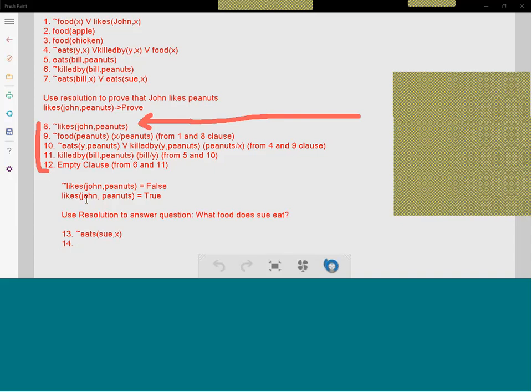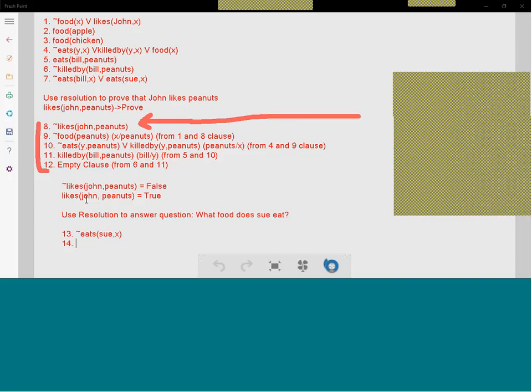Which two clauses can we combine here? Yes, Bhargav, Manish, good. We will combine 7 and 13.